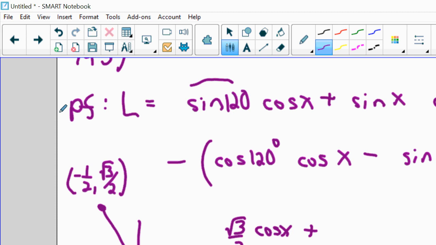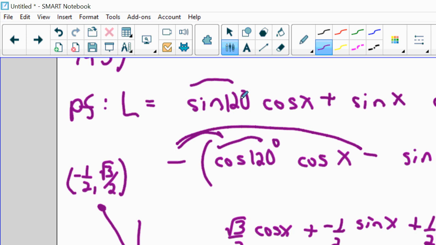Cosine 120 is minus 1/2 sine x, minus another 1/2, but another minus is plus 1/2 cosine x. Minus and minus is plus, and sine 120 is the square root of 3 over 2 sine x.